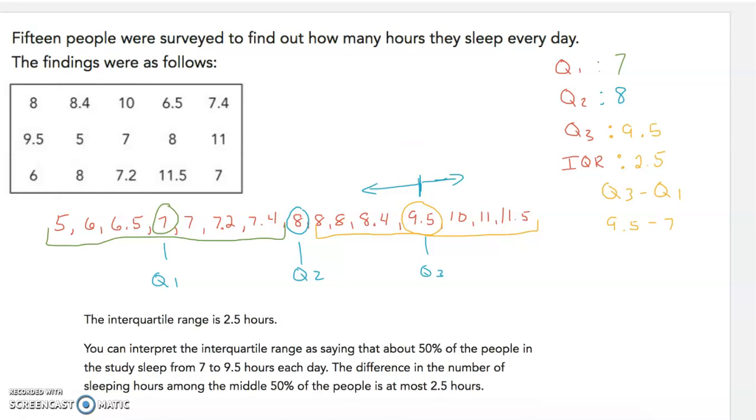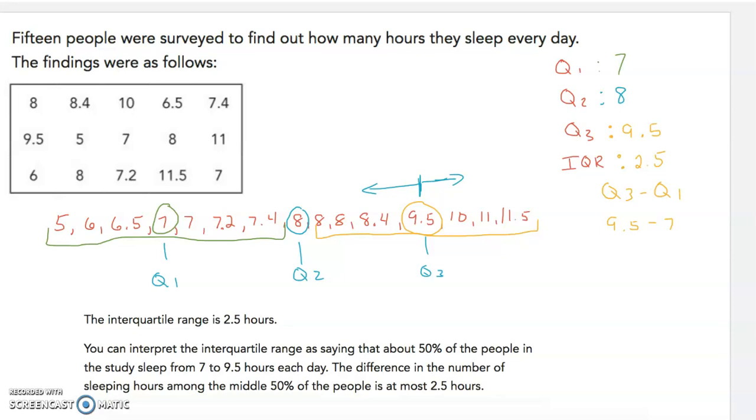Now, talking about the interquartile range, again, the IQR is 2.5. So it says here you can interpret the interquartile range as saying that about 50% of the people in the study sleep from 7 to 9.5 hours each day.